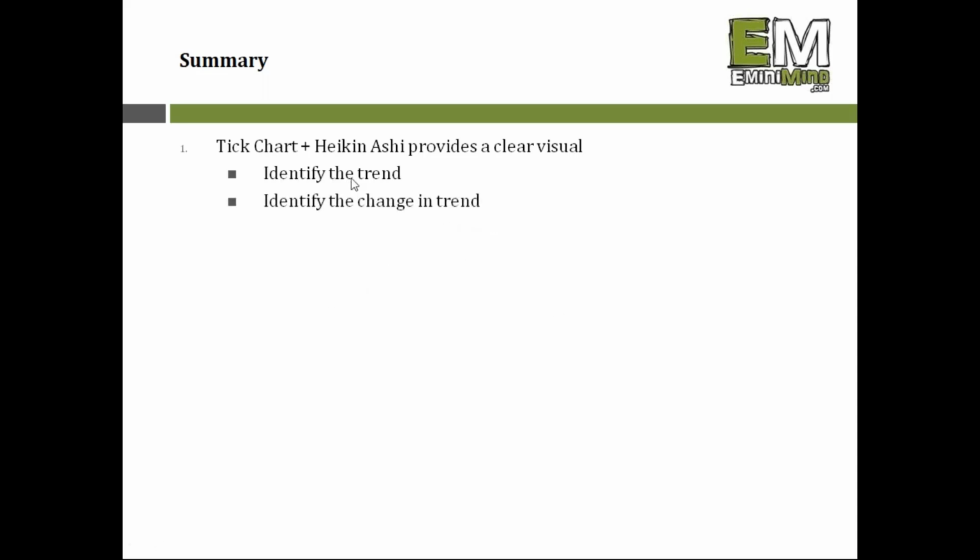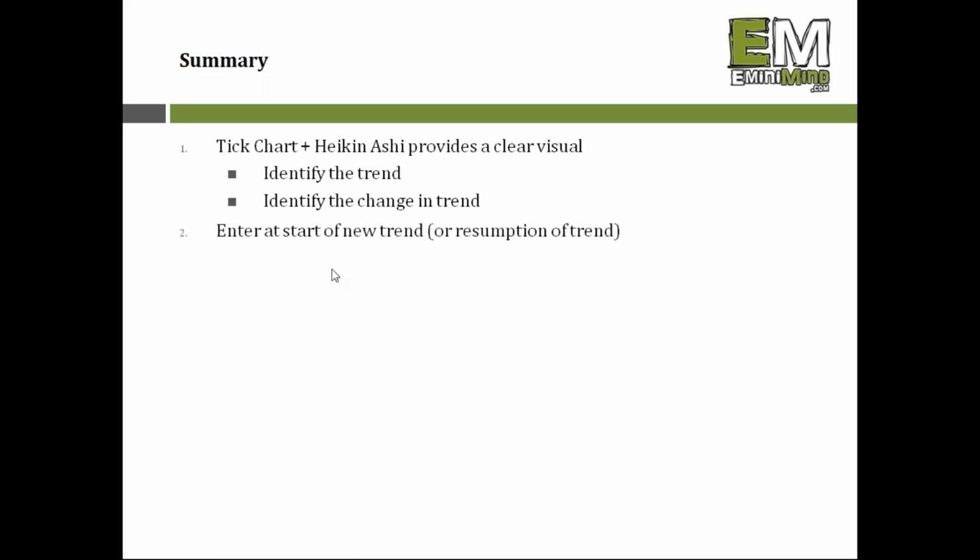So to tie all these things together here, looking at that tick chart paired with the Heikin-Ashi really helps get a nice visual of the chart and what's happening on the chart on a small time frame. You can identify the trend so that you can better identify where the trend is changing, and that's really the key, identifying where that trend is likely to change.